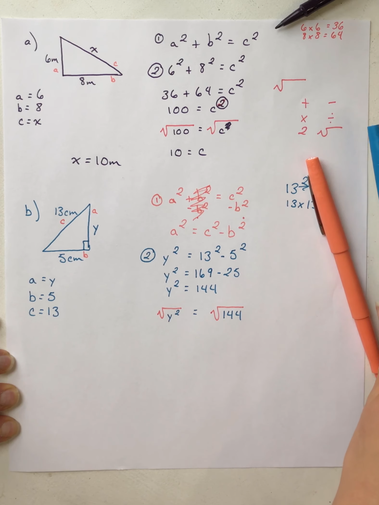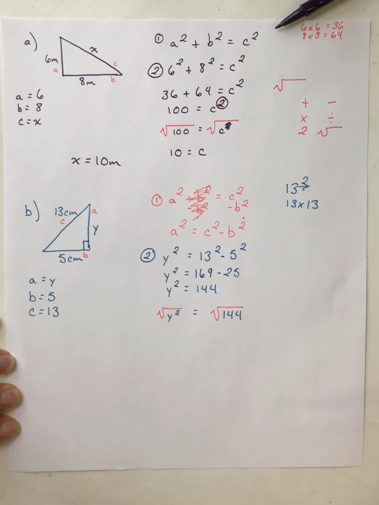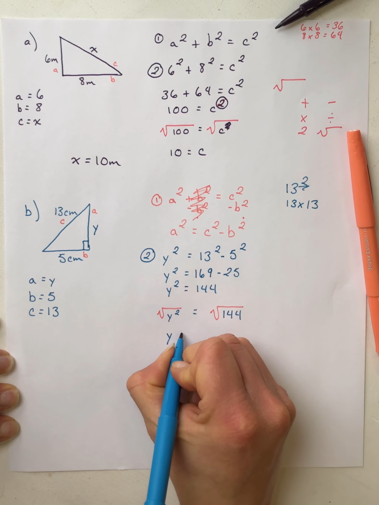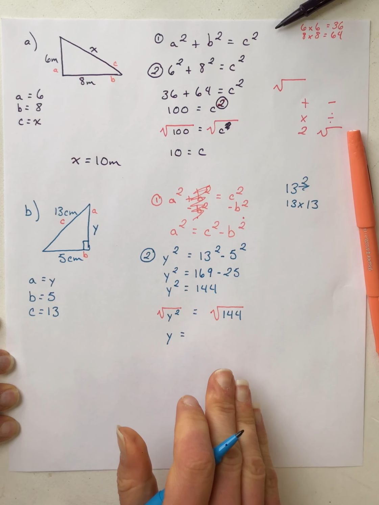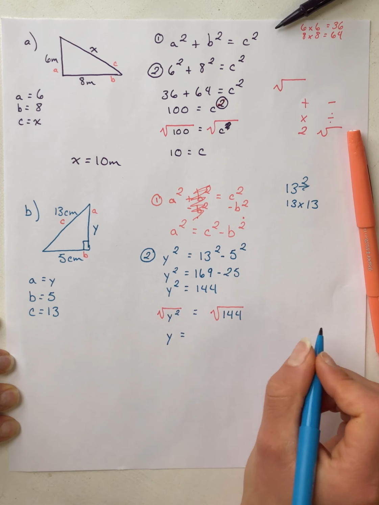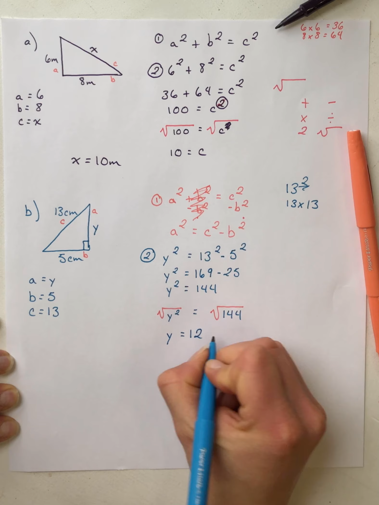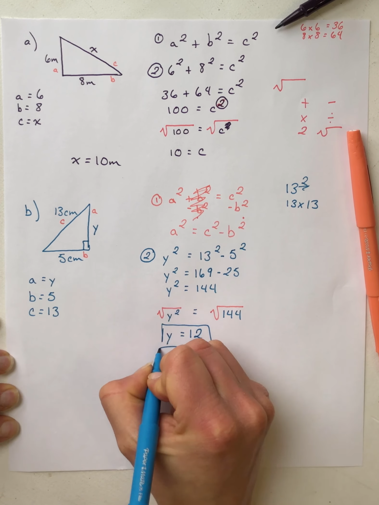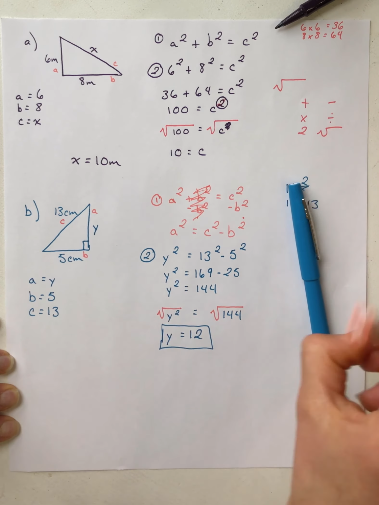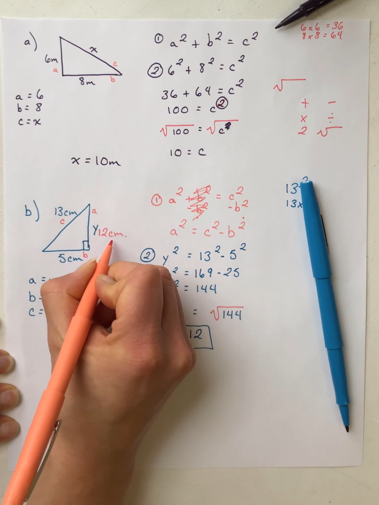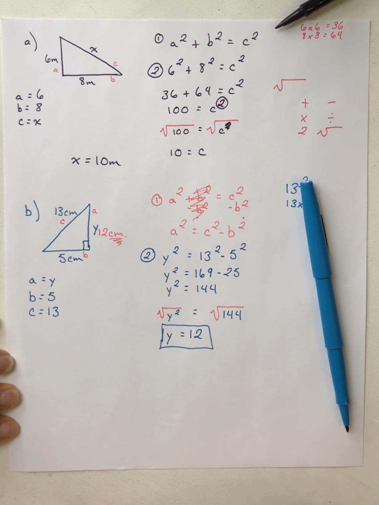Okay, and when I put that in my calculator, so y is alone now, so I get y, the square root of 144 gives me 12. So my y right here is equal to 12 centimeters. And don't forget to write centimeters afterwards, okay?